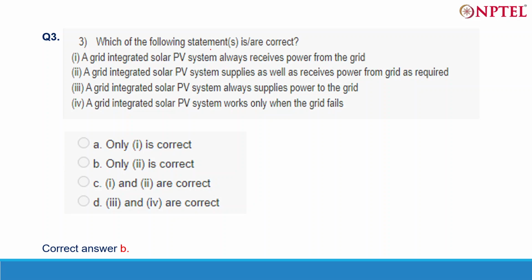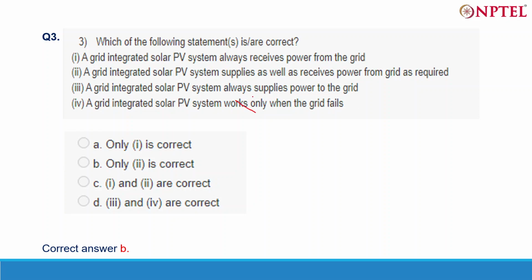Which of the following statements is or are correct? A grid integrated solar PV system always receives power from the grid. A grid integrated solar PV system supplies as well as receives power from the grid as required. The grid integrated solar PV system always supplies power to the grid. The grid integrated solar PV system works only on the grid phase.